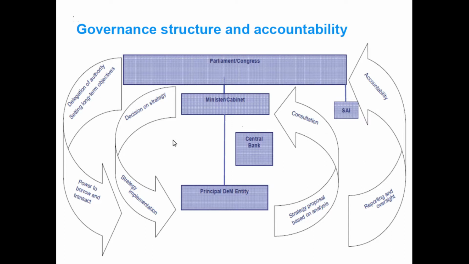That entity, be it a debt management office within a finance ministry, a separate agency, whatever, is responsible for undertaking the analysis and making recommendations on the composition of borrowing to the government. Very often consulting with the central bank, consulting with others, possibly an advisory committee or advisory board, is commonly seen in a few countries.